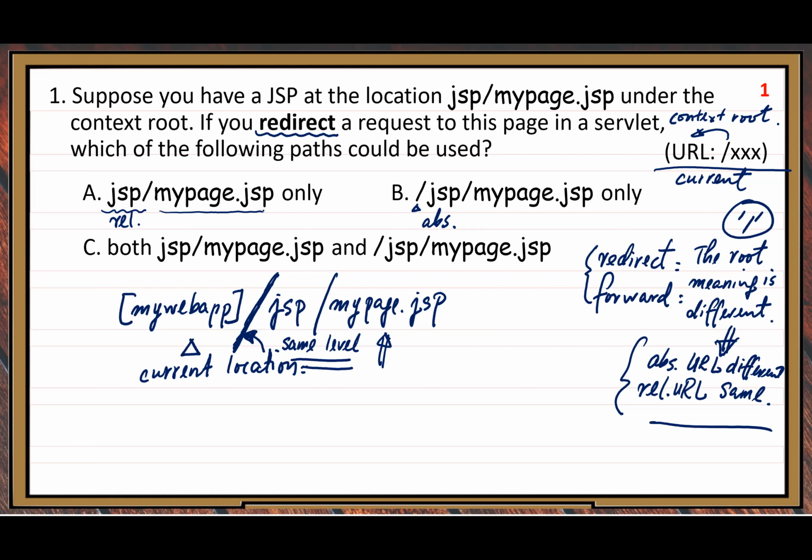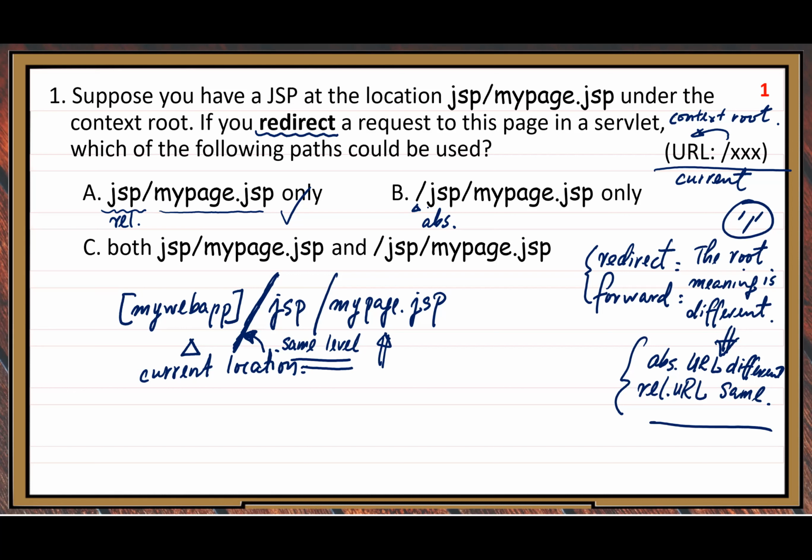So that means this relative URL is good. Because you are here, you can see the JSP folder, right? So you type JSP, you get into the JSP folder, then you can see your mypage.jsp. So the A option is good.